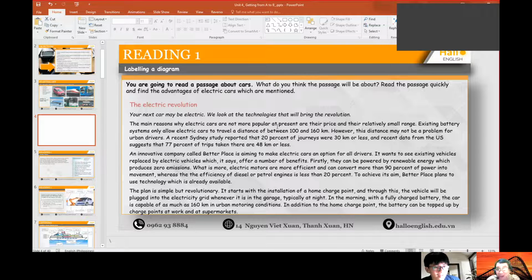Long trip. Okay, because electric bikes or electric cars are not for longer trips. It's just only a certain number of kilometers for the battery to be used.